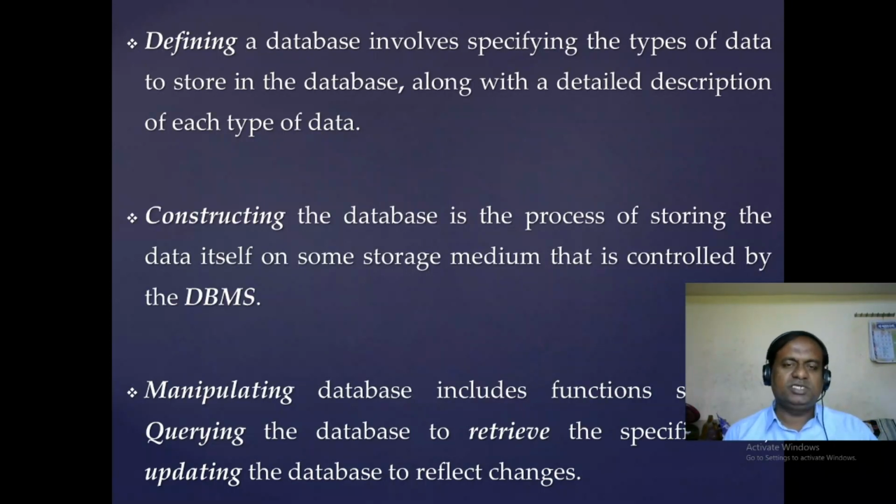From that information, what exactly are the components to be used by the user? That should be defined. Suppose we choose roll number, name, class, percent. Now, we need to define what that roll number should have. Whether it can have numbers or it can have alphabets or it can have alphanumeric information. That has to be defined. That is nothing but specifying types of data to store in the database.